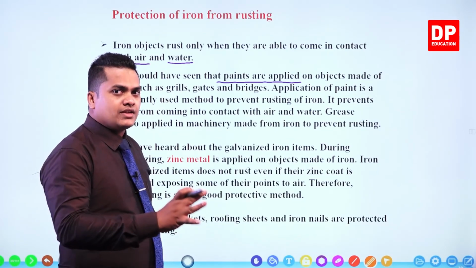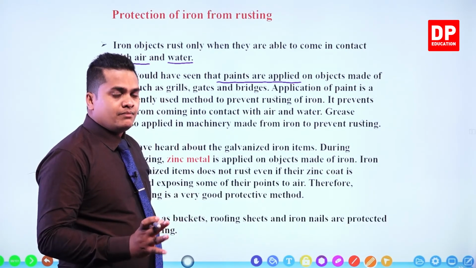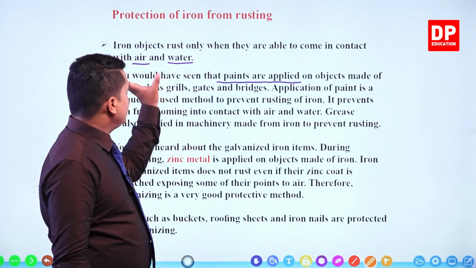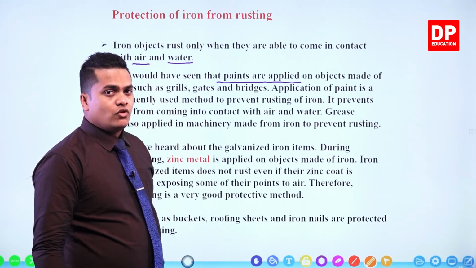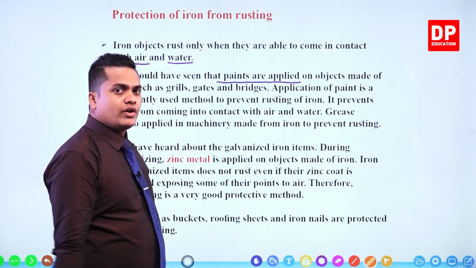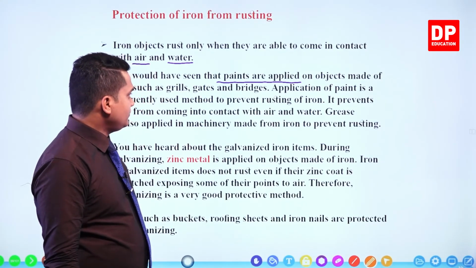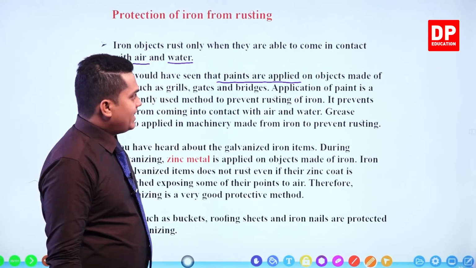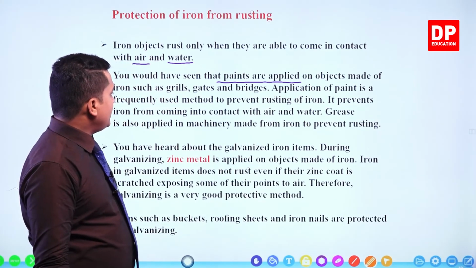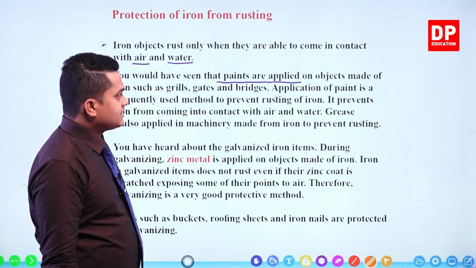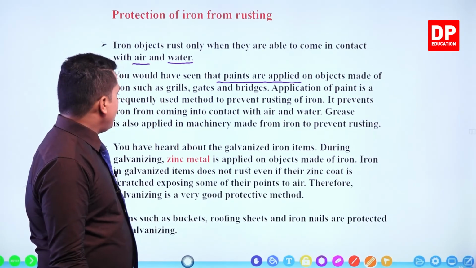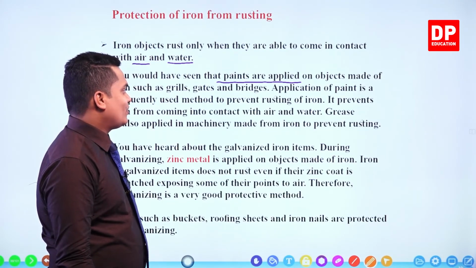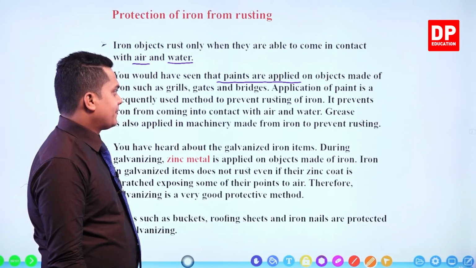So we can avoid the contact between the iron surface and air and water. By that way we can avoid the rusting of iron, right? So application of paint is a frequently used method to prevent rusting of iron. It prevents iron from coming into contact with air and water.